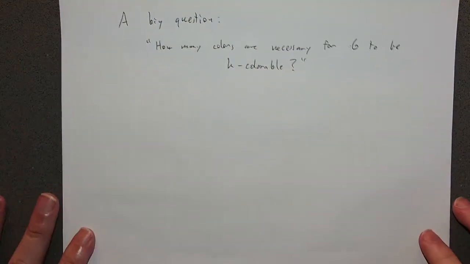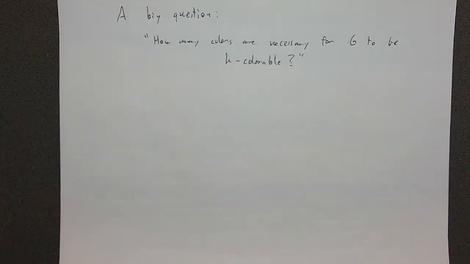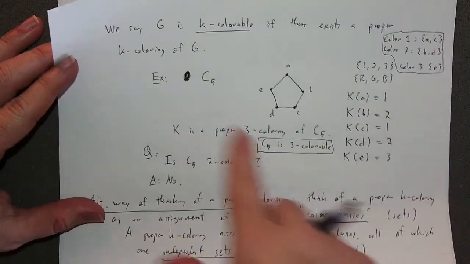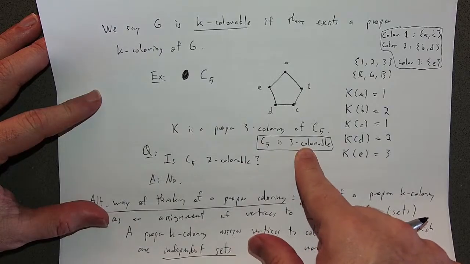How many colors are necessary for G to be k-colorable? One thing to think about is that in our example on the last page, we showed that the cycle on 5 vertices is 3-colorable.